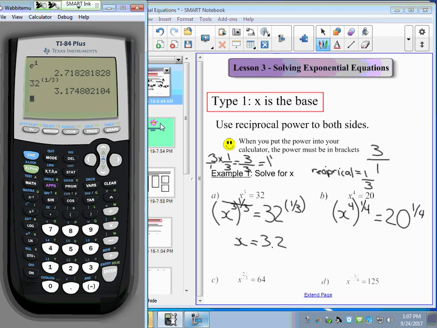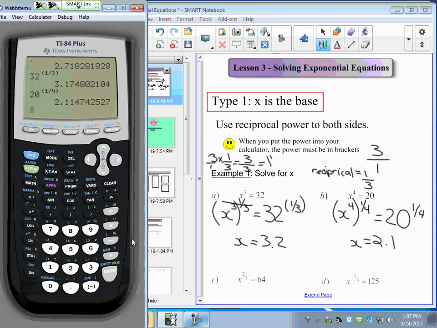Right, now we use our calculator. 20 to the power of bracket 1/4 equals 2.11. So once again, nearest tenth, x equals 2.1.